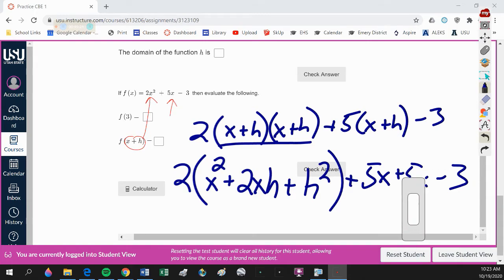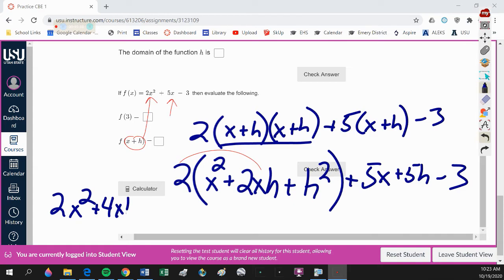Oh, I did. I'm good at doing that. Okay. So 2x squared plus 4xh plus 2h squared plus 5x plus 5h minus 3. And I don't think anything simplifies. Yeah, there's no way to cut that down.